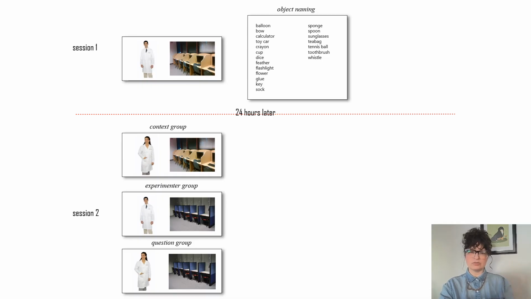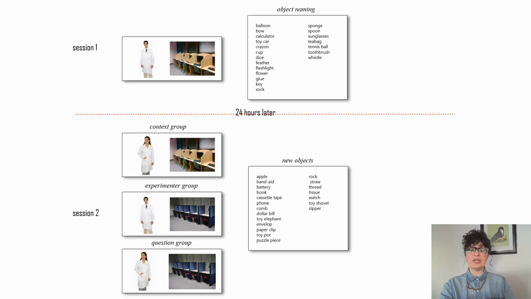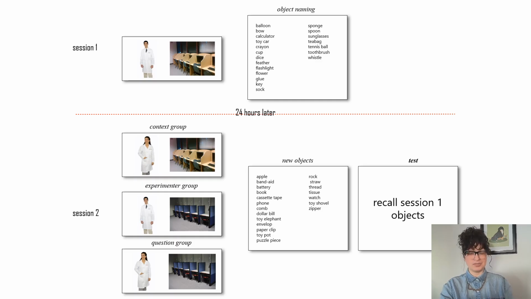So they were literally just prompted to recall what happened. Then they were given a new set of objects for this object naming task, followed by a surprise recall test of all of the items from session one.